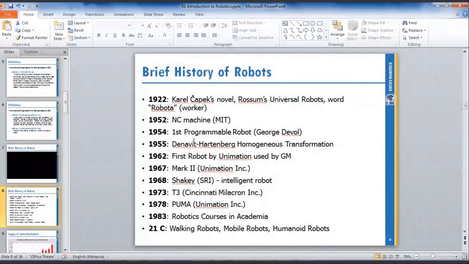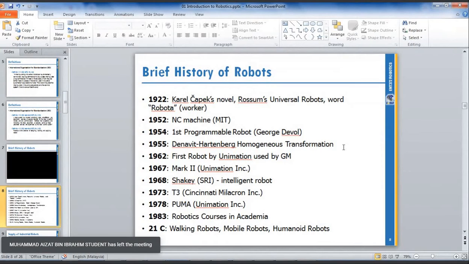So this is the DH method that we are going to apply in our kinematics. This formula was generated in 1955, so it's already about 70 years ago. So you learn this 70-year-old mathematical modeling in this subject.